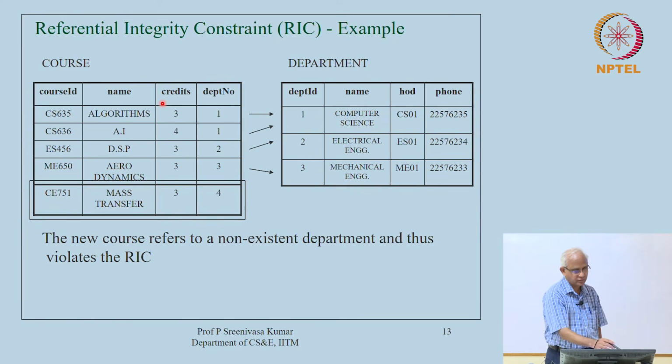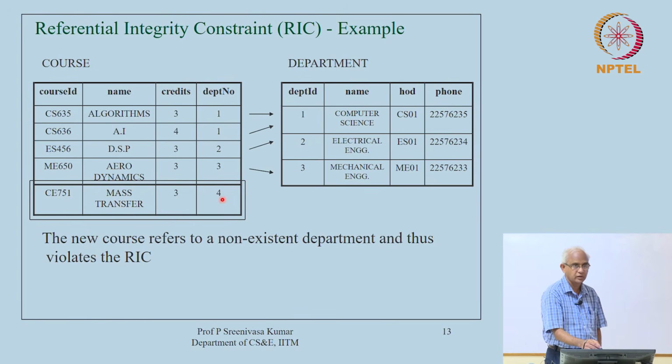In general, we are talking about tuples in one relation referring to tuples in another relation, and whatever attribute is used to refer, its value should either exist as a value in the referenced relation, or it can be null. Supposing I do not know who is offering this course, I am allowed to enter null there, which is not a problem; it has to be updated later.